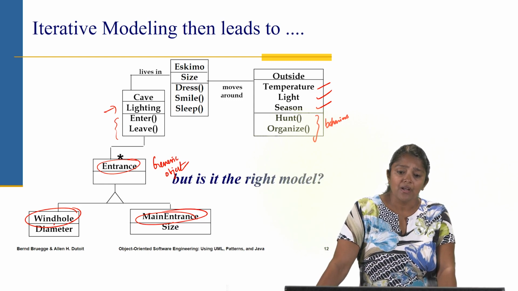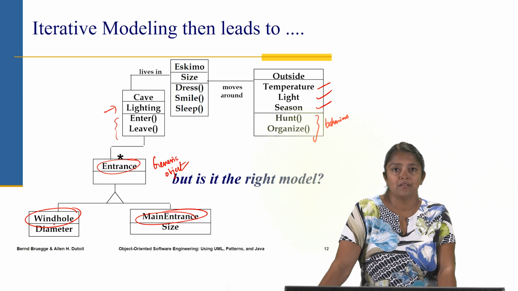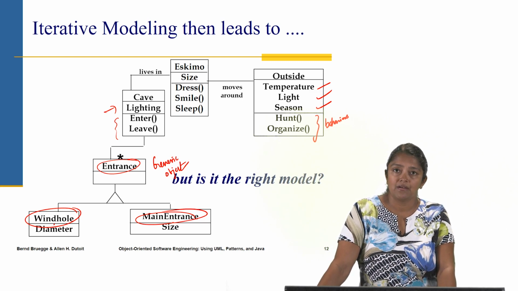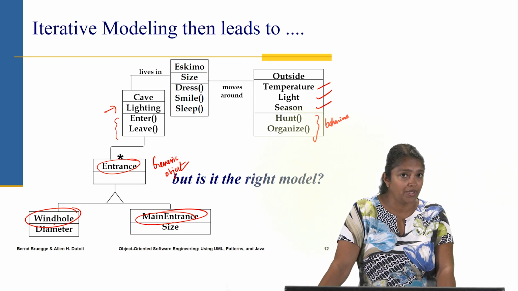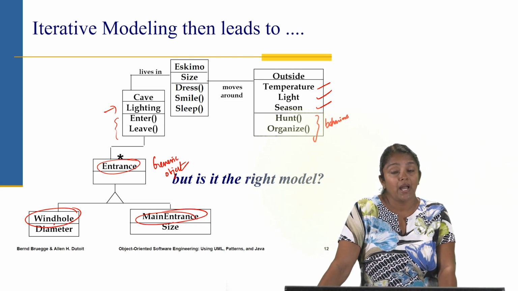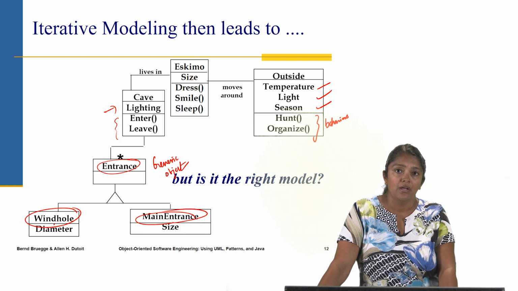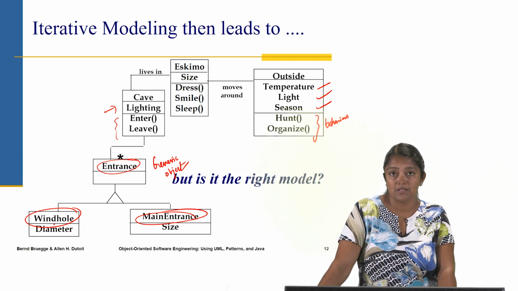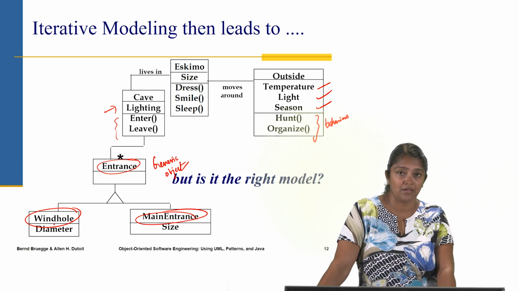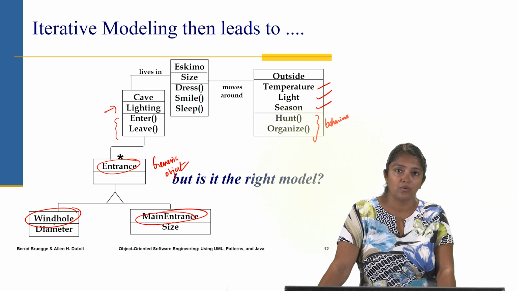But then going back to the question, is this the right model? Like I said earlier, it's all up for interpretation. When I showed you that picture, if you first thought that it was an Eskimo entering the cave, and if that is indeed the client's expectation as well, then yes, this is a correct model. But if that's not what the client's interpretation was, then we have a completely wrong model over here.